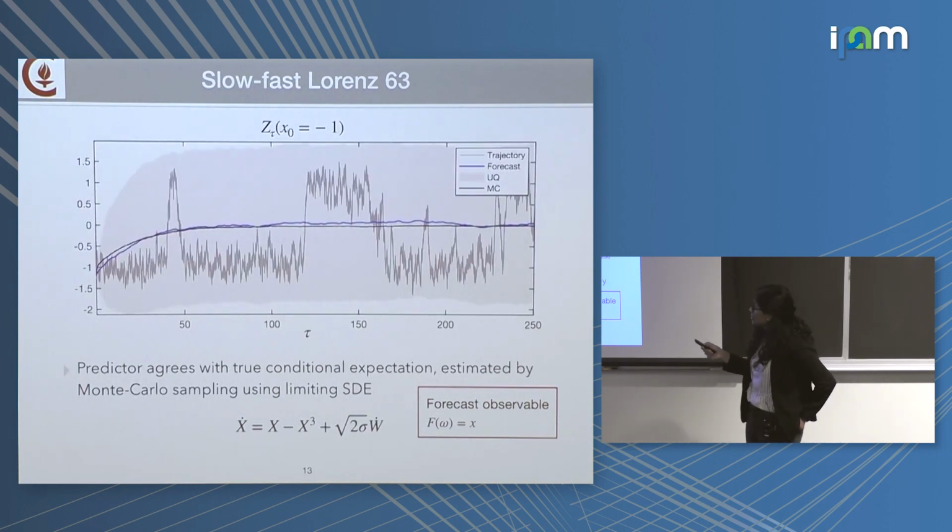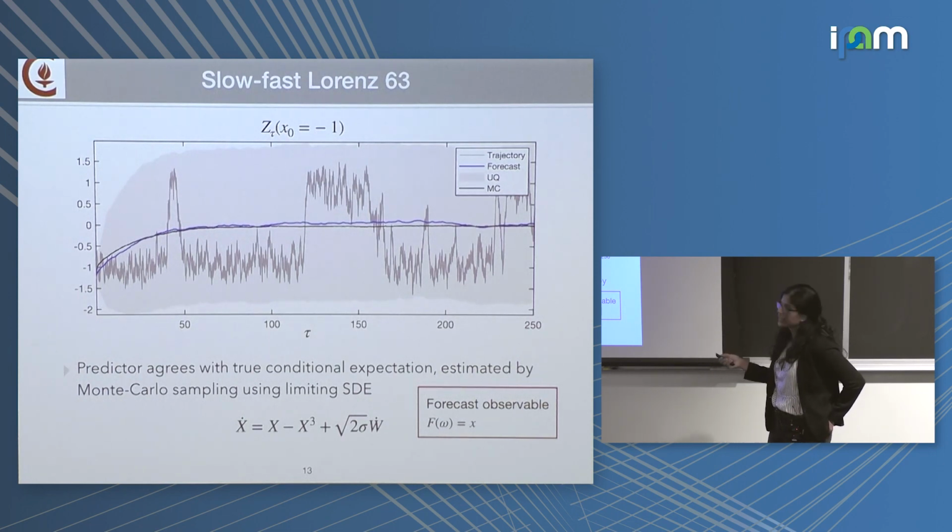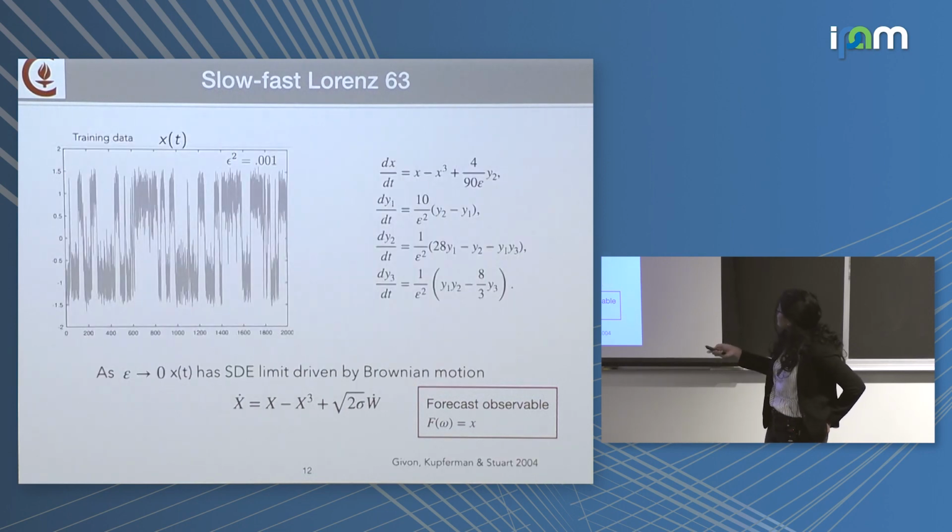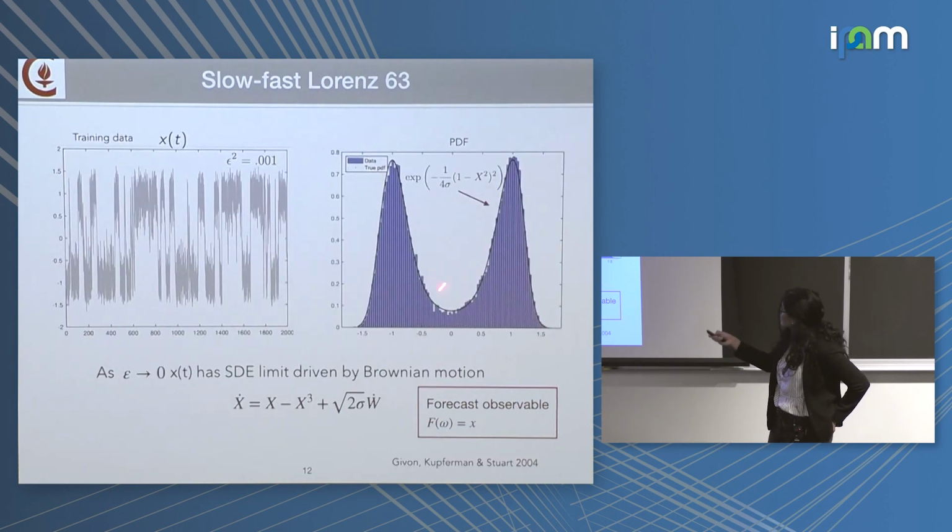So here is a long-term forecast of the conditional expectation. We know that the conditional expectation should converge to 0, just looking at the density function here. This is the mean, and we know it eventually converges to 0, but it should do so in a continuous way.